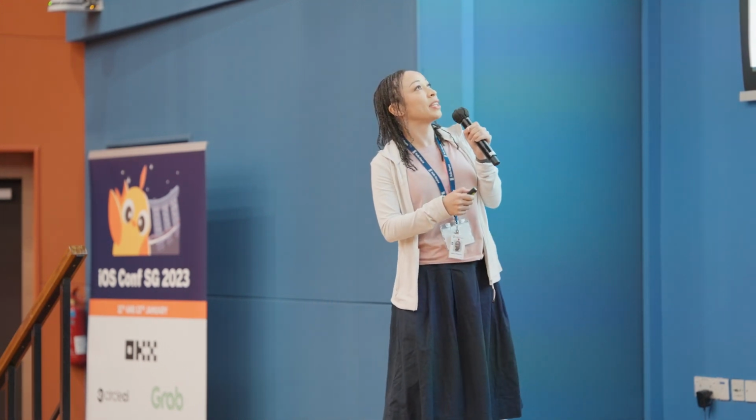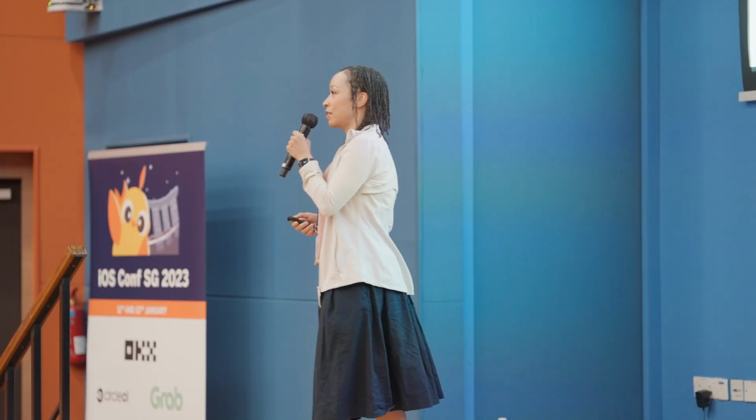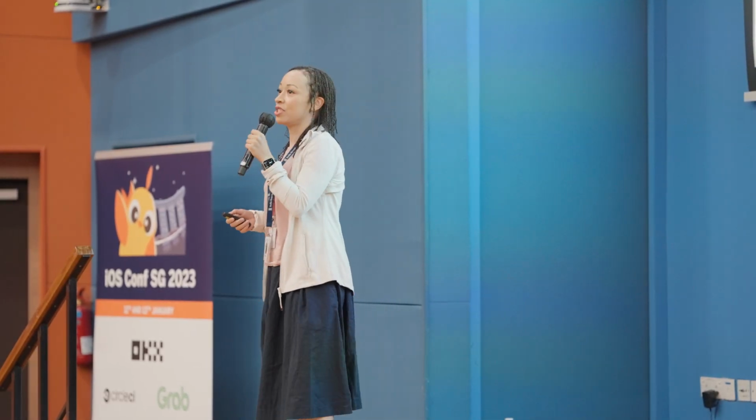What's happening here is the saturation is increasing as you move across the color map, but also the lightness is decreasing. So the color that you perceive is very representative of the change in the data. It's really helpful for encoding numerical data and understanding data.